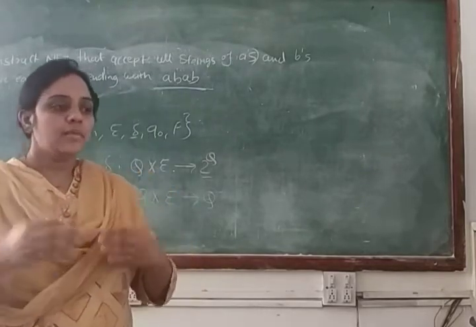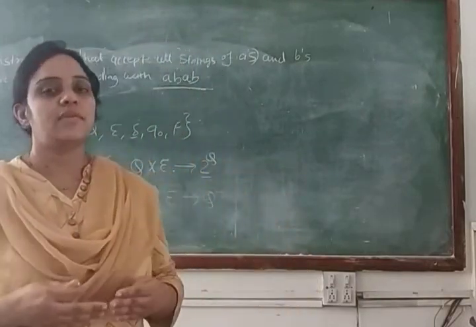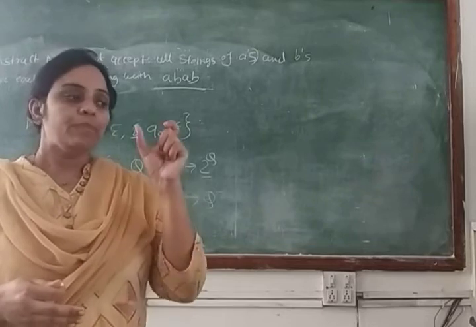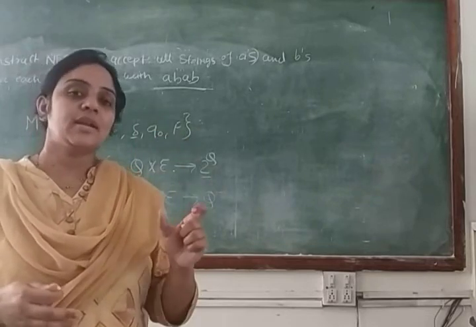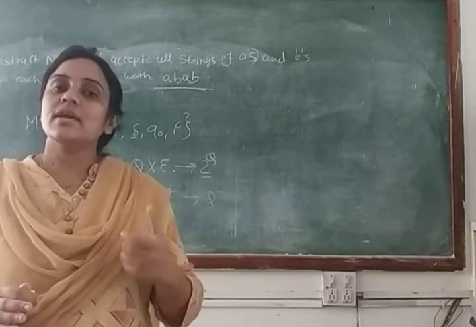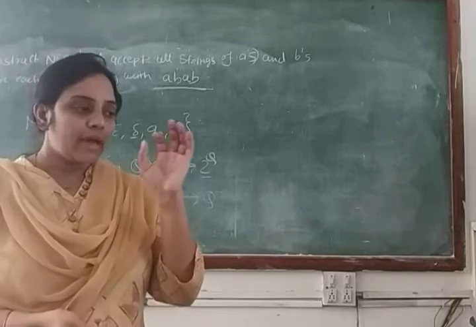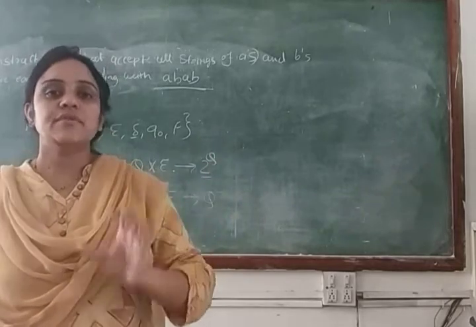What is the need to make a final state in DFA, NFA or epsilon NFA machines? Because if you do not define a final state, your machine will not accept any string, and these are language recognizer machines. So in a language recognizer you have to define the initial state as well as the final state.